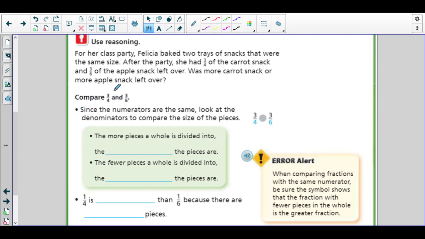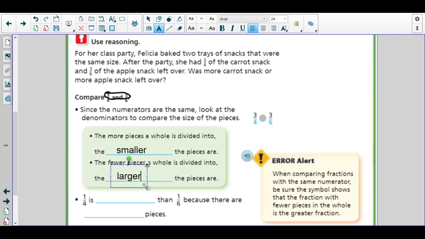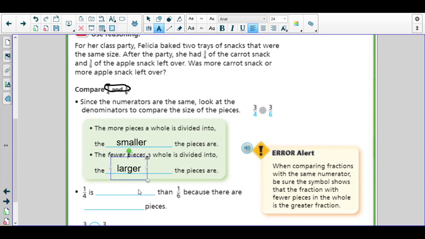Since the numerators are the same, so, okay, 3 and 3, 3/6, 3/4, look at the denominators to compare the size of the pieces. Okay, the more pieces a whole is divided into, the smaller the pieces are. The fewer pieces a whole is divided into, the larger the pieces are.